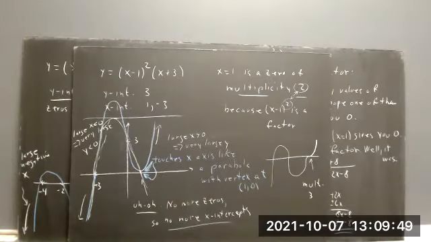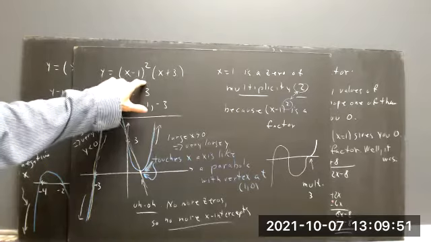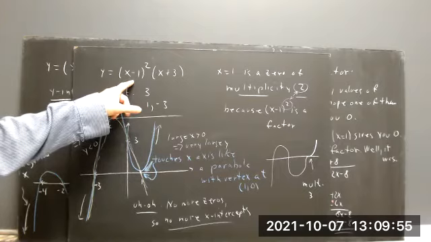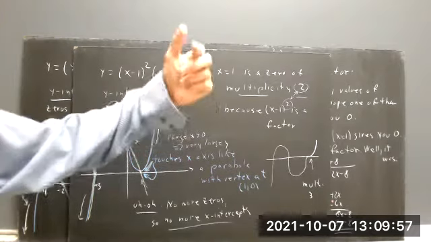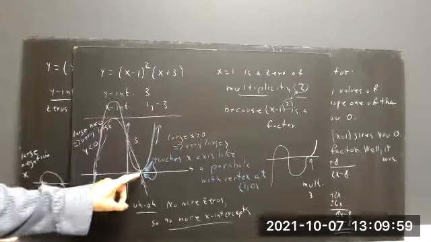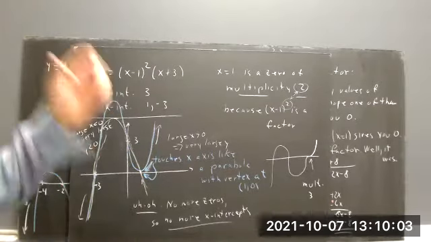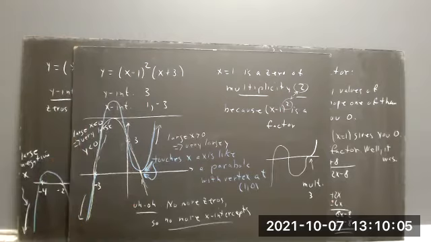Okay. So if you have an x minus 1 squared, the 0 at x equals 1 will act like a parabola near that 0. Not away from it, but near it. It'll eventually start distorting.